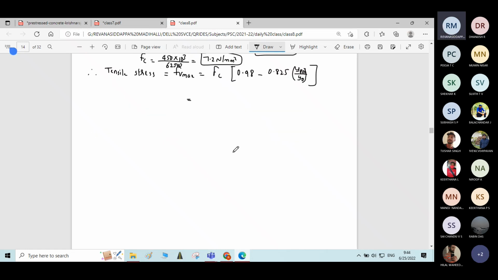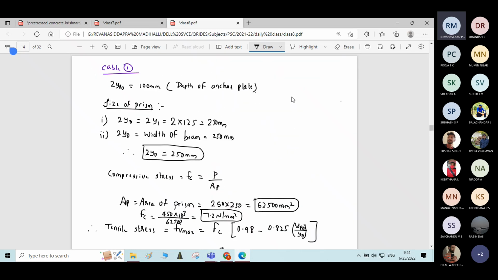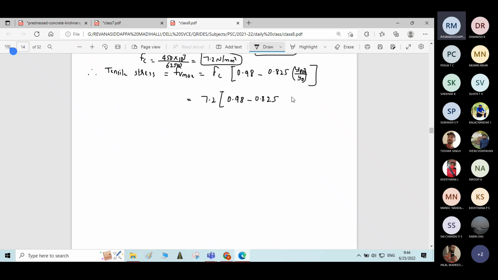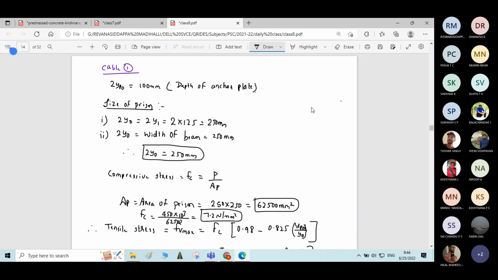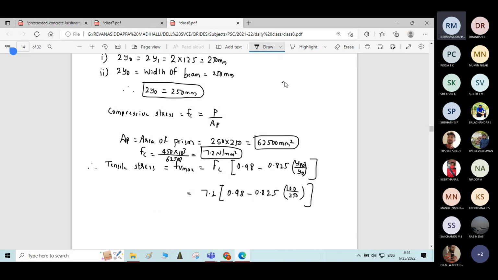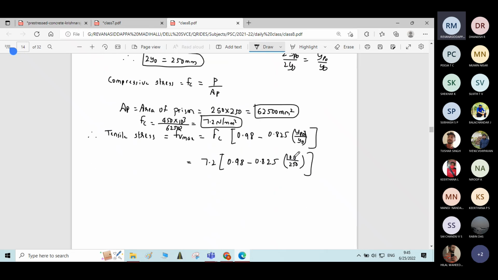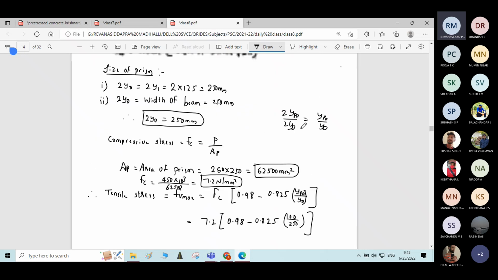Now substitute 7.2 as the compressive stress into 0.98 minus 0.825 into yp0 divided by y0, that is 100 divided by 250. Students, 2yp0 divided by 2y0 is the same as yp0 divided by y0, so I substitute the same numbers directly, since it gives the same answer.